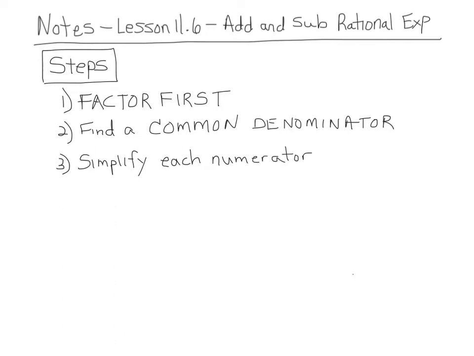Simplify each numerator. This might involve distributing, maybe. So you might have to distribute. You might have to FOIL or double distribute.